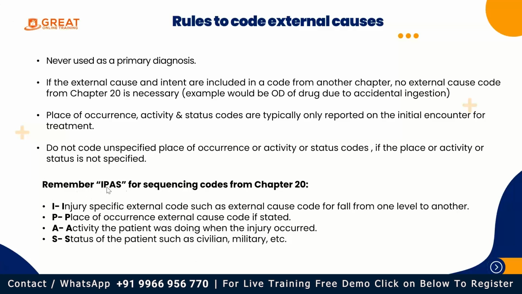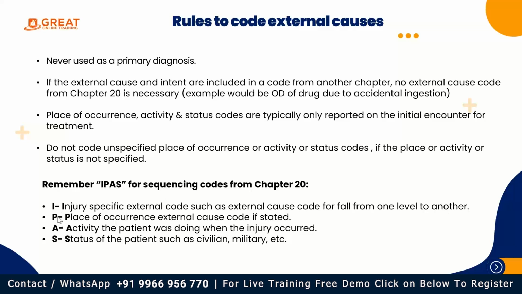And remember this IPAS for sequencing codes from chapter 20. When you assign external cause codes, you have to follow this sequencing. First, code the injury-specific external cause, such as the external cause code for fall from one level to another, insect bite, or motor vehicle accident.